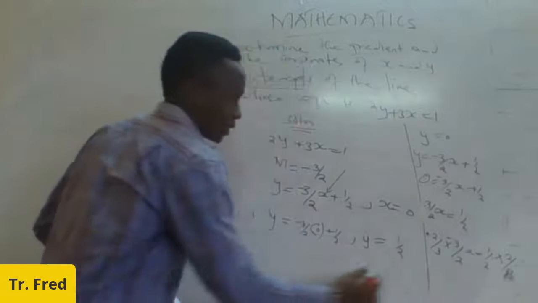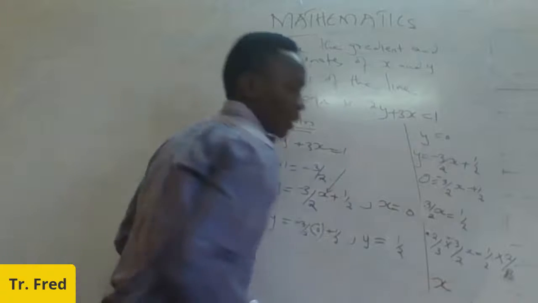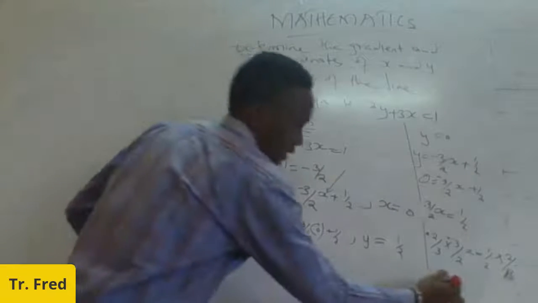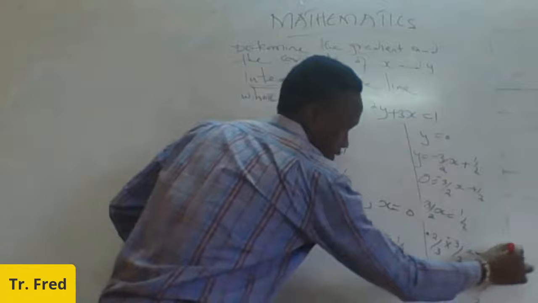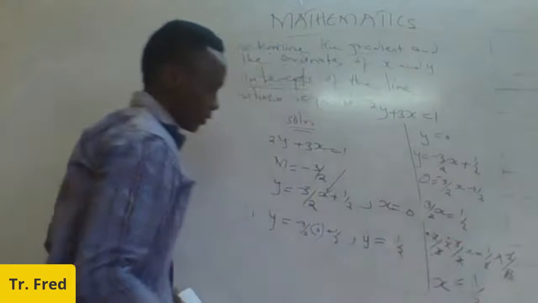So we remain with x on this side, and the other side will be 1/2 multiplied by 2/3, which is a third, since the 3/2 and 2/3 have cancelled.